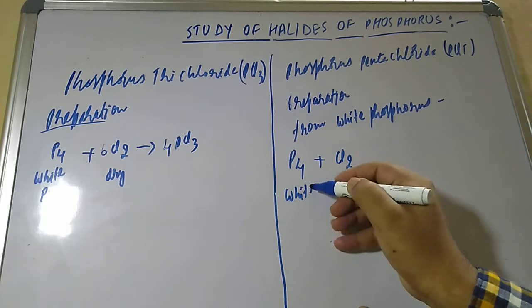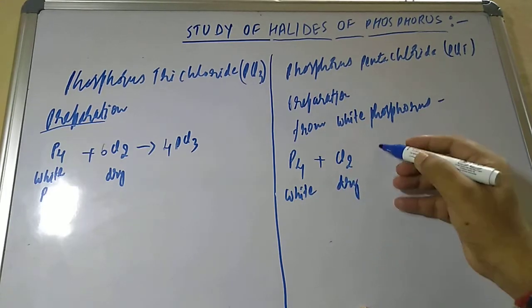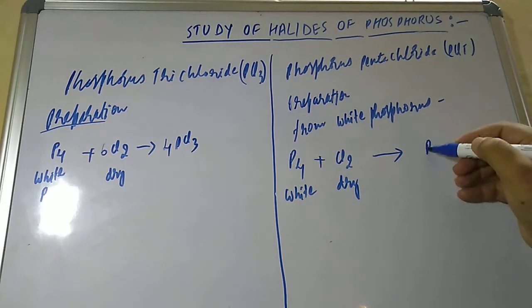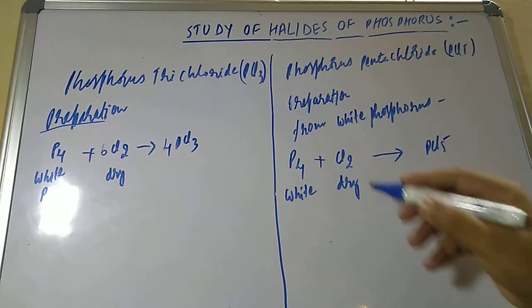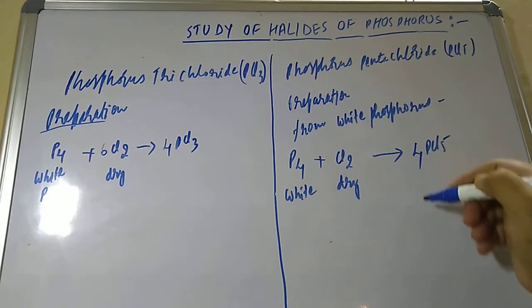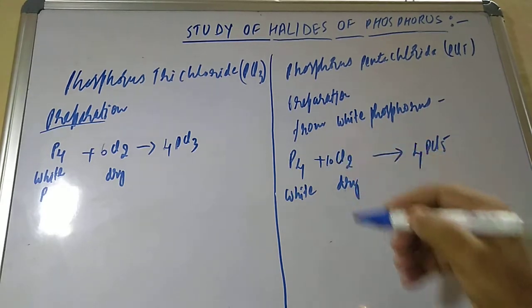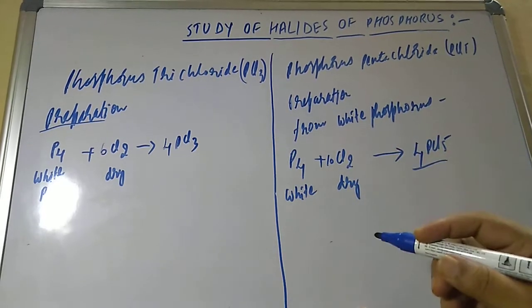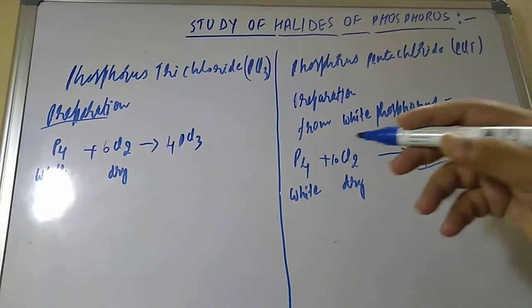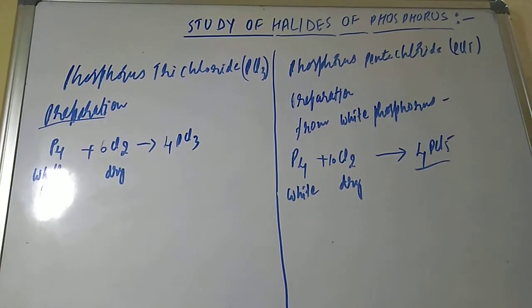This is white phosphorus and this is dry chlorine, and when you treat this it will give PCl5. Now 4 phosphorus is there, so 4 molecules, and 5 times 4 is 20, so there are 10 chlorine molecules. So this is phosphorus pentachloride and phosphorus trichloride. This is the first method of preparation, from white phosphorus and dry chlorine.